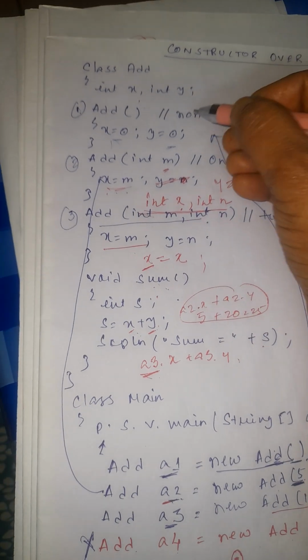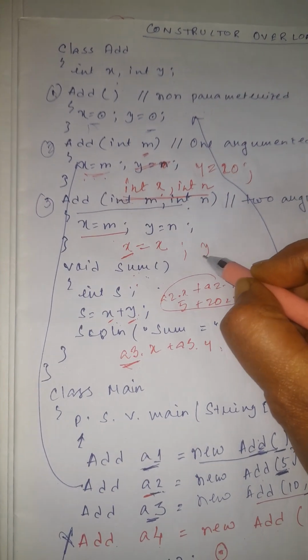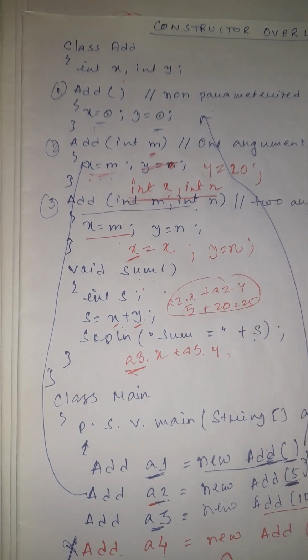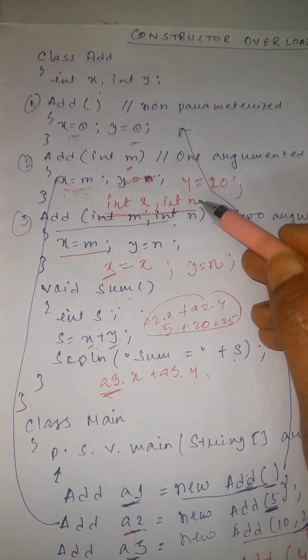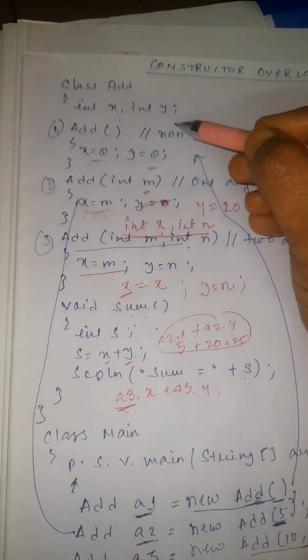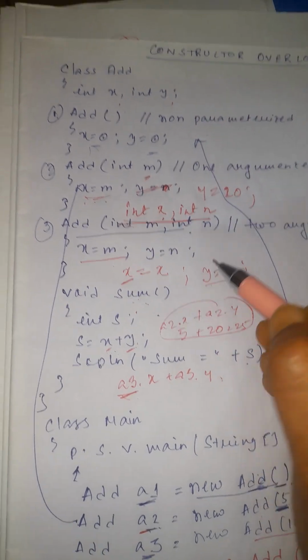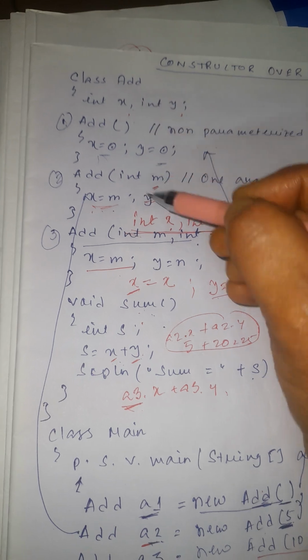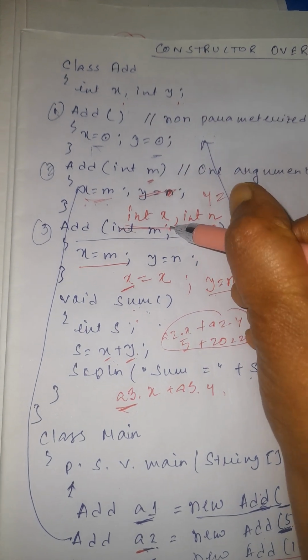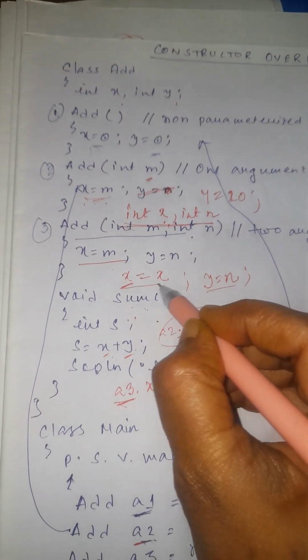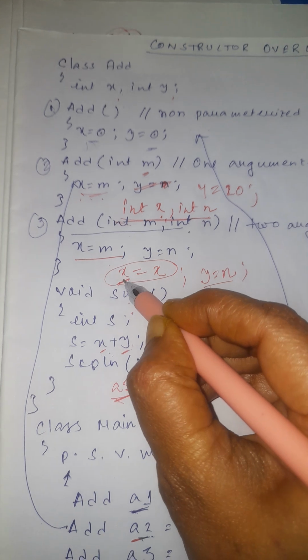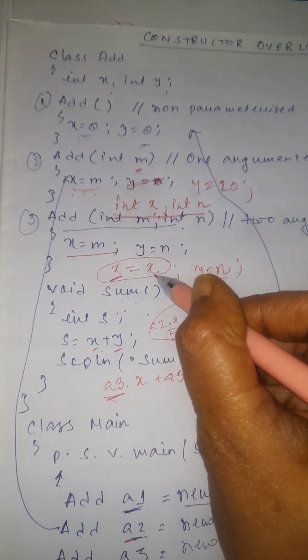Then in case of y, it will be easy, no problem, y equal to n. So this one has no problem because the passing variable name is n and the instance variable is y. So that's why it's no problem. But if the instance variable and passing variable names are both the same, that one is a confusion. Which one is the instance and which one is the passing variable?